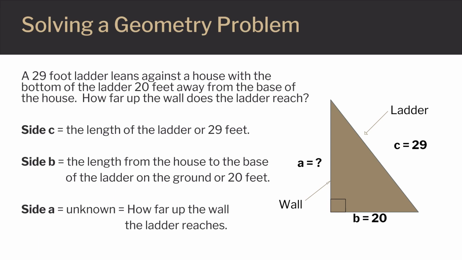We see that side C is the length of the ladder leaning up against the house, or 29 feet. Side B is the length from the house to the base of the ladder on the ground, or 20 feet. And side A is our unknown, how far up the wall the ladder reaches.